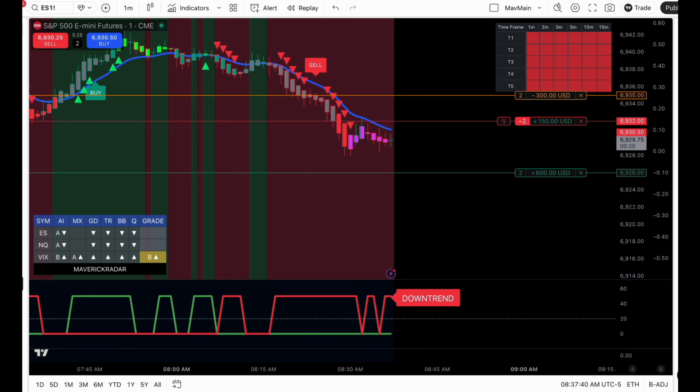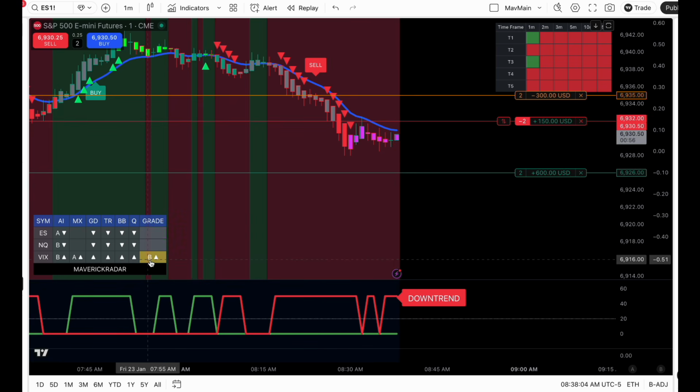All right. So now I'm just sitting on my hands and watching this. We keep weaning between an A plus setup on ES. VIX still has a B setup to the upside, so that's beautiful. What I would love is an A plus setup to the downside on ES, an A plus setup to the downside on NQ, and then an A plus setup to the upside on VIX.